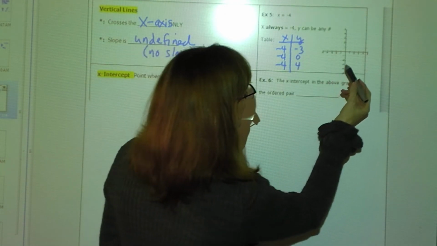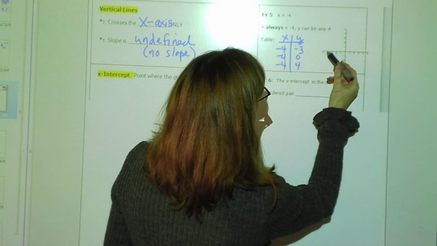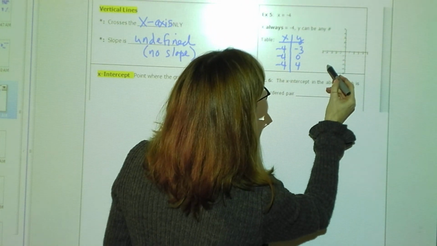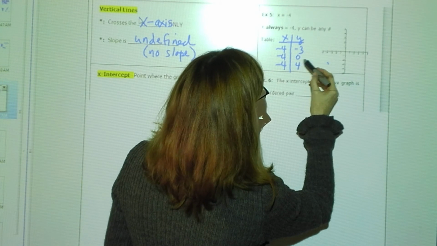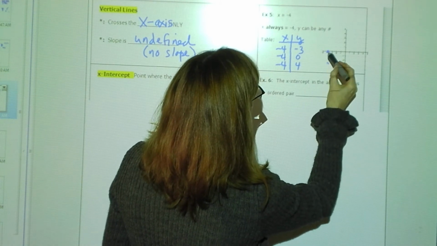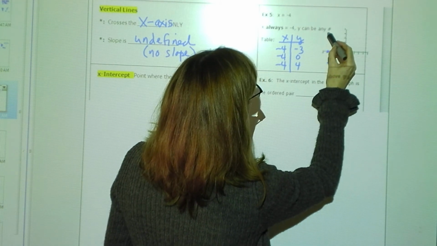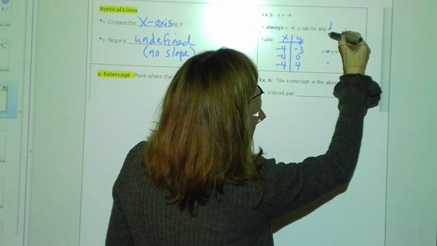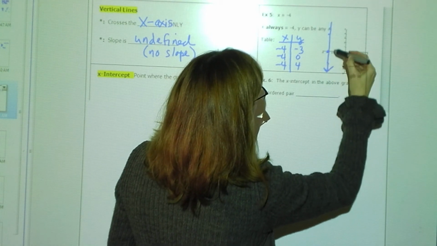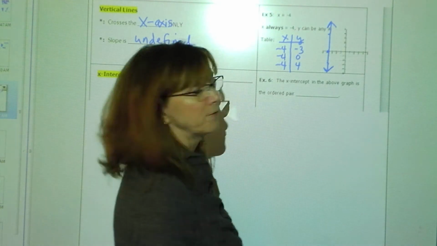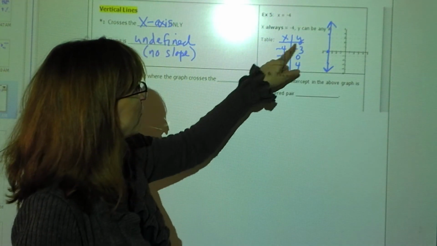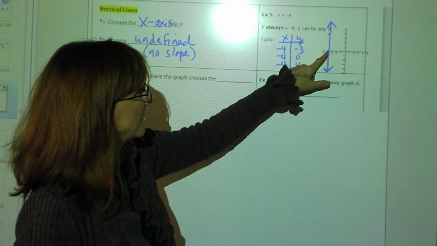Again, I'm going to plot those points: (-4, -3), (-4, 0), (-4, +4). And when I connect those points with a line, you're going to end up with a vertical line. Vertical lines cross the x-axis.